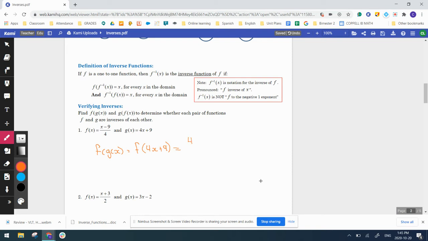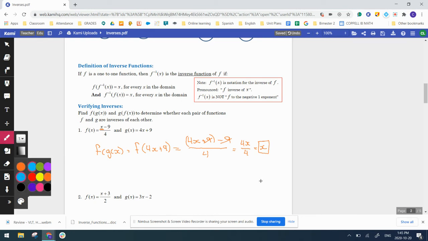So we're going to go 4x plus 9, replacing this x here, minus 9 over 4. So I can see here positive 9, negative 9, those are going to cancel each other out. I'm going to have 4x over 4. So it did just simplify down to x.